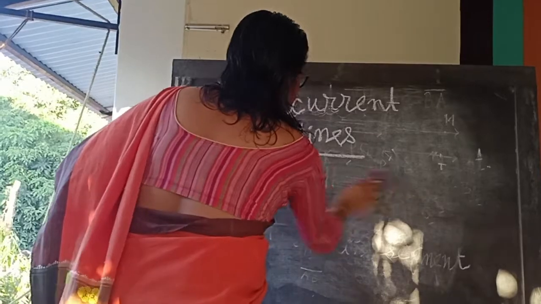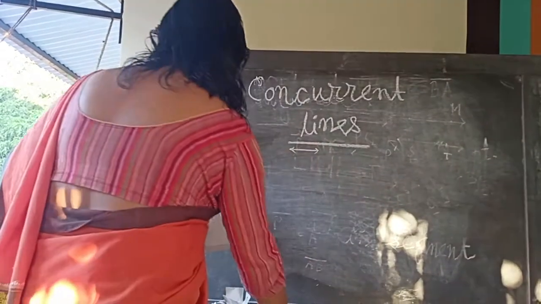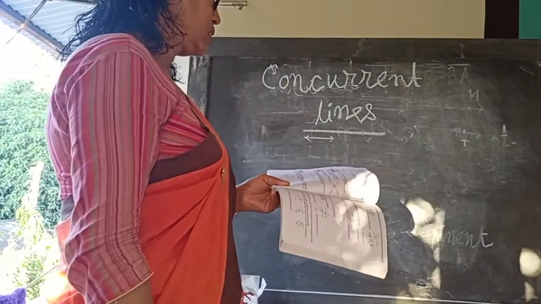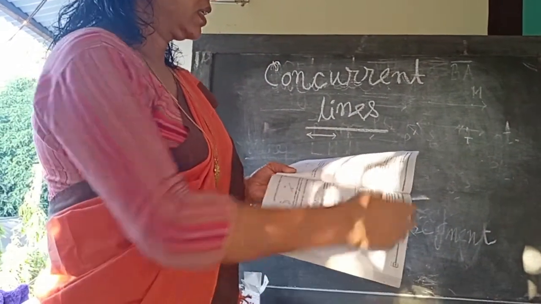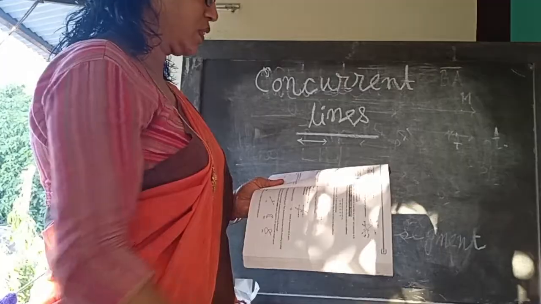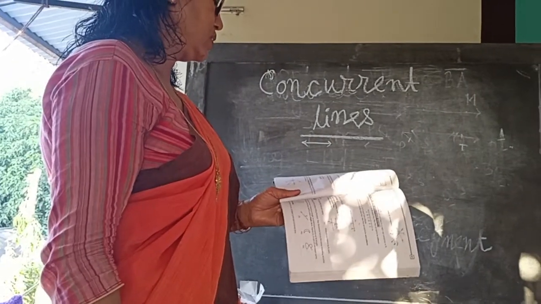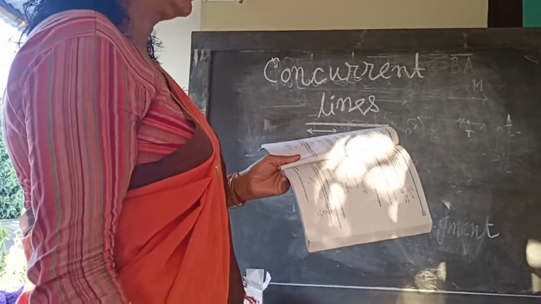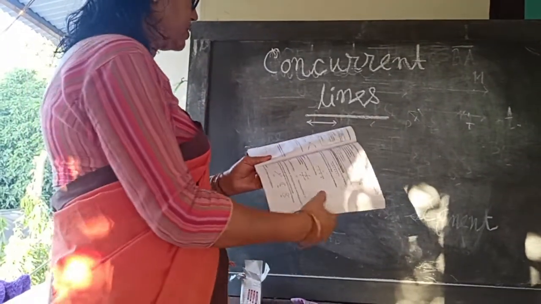What are concurrent lines? If three or more lines pass through a point, then these are known as concurrent lines. Okay? And the point is known as the point of concurrence.